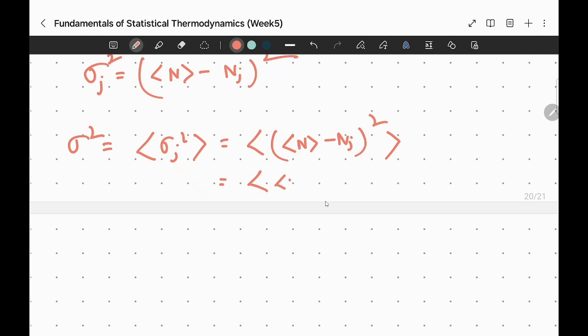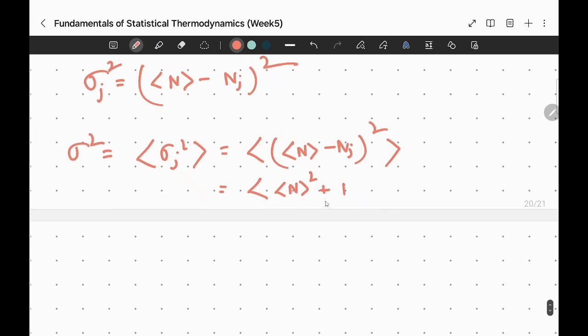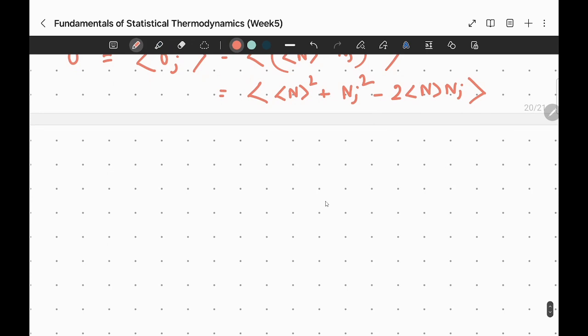So just open this: it will be n square minus 2n nj plus nj square. The first term is this, next is the nj square average, minus 2n times the nj average.